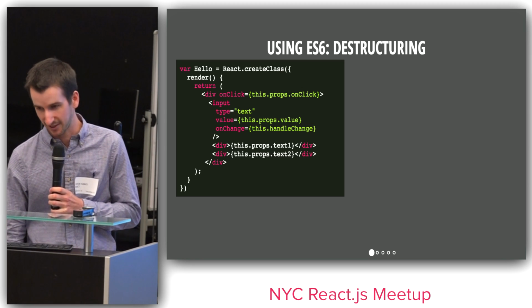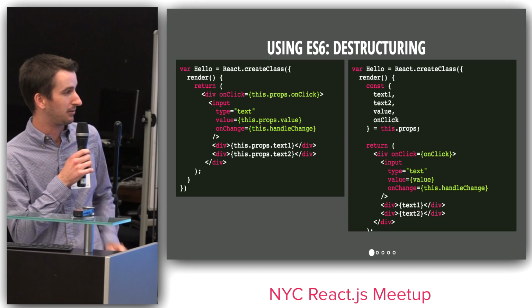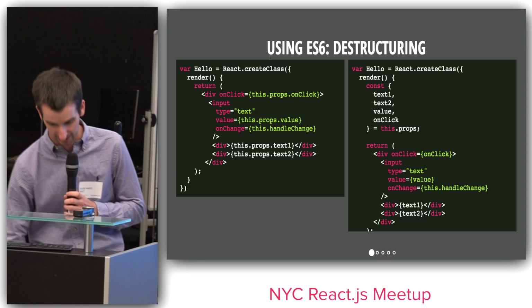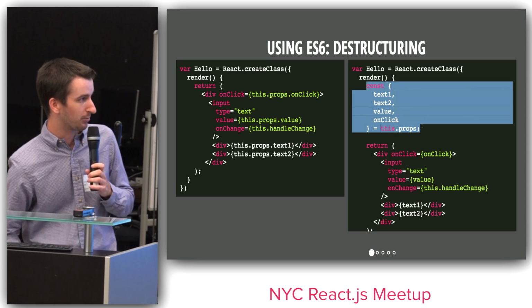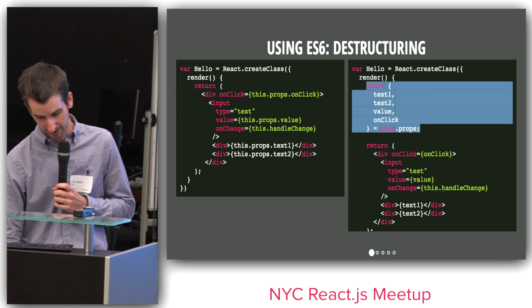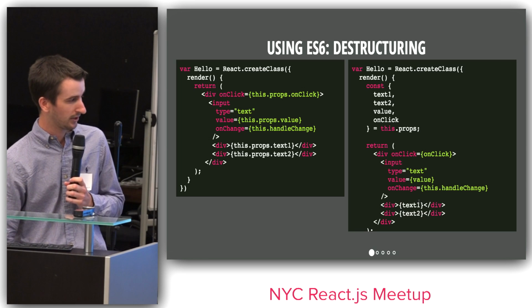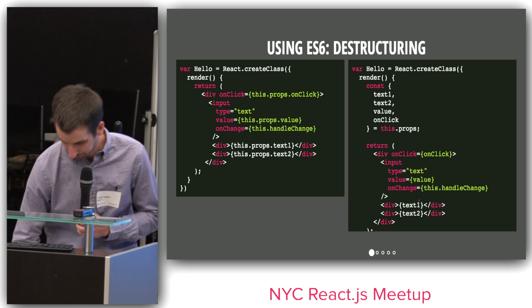But ES6 makes that really easy for you. You can pull the properties off of an object. At the top there, I'm pulling the properties off of this.props, and then I'm using them below. Essentially, if I was reusing text1 or text2 multiple times, this would save a lot of writing.